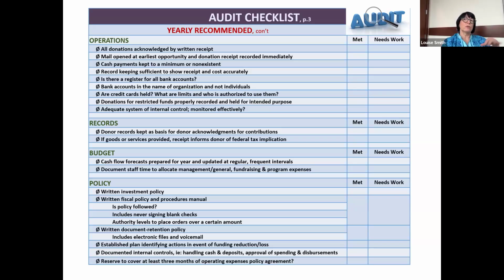When you're much larger, often organizations will have investment management firms they use to help steer and direct where monies are being invested.